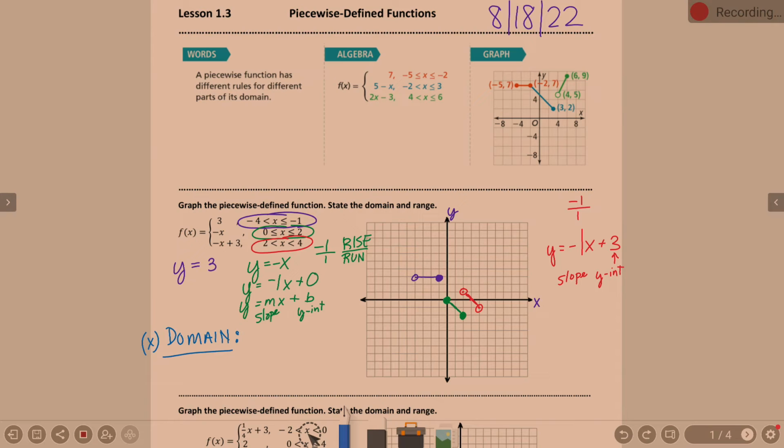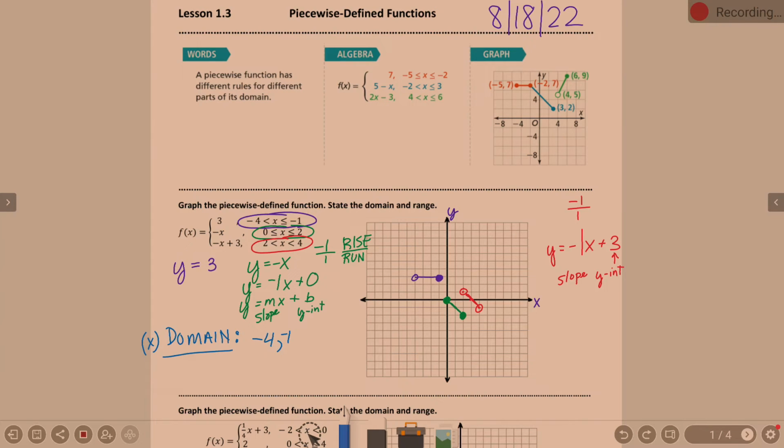Okay? What's the first x value we had to use today? We went from -4 to -1, didn't we? And then we had a gap, because then we jumped from -1 to 0. So -4, we start at -4, and we go to -1. -4, is it included or excluded?